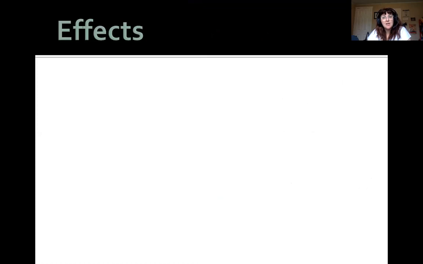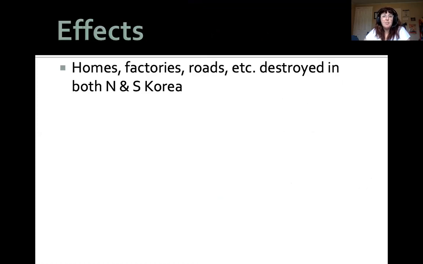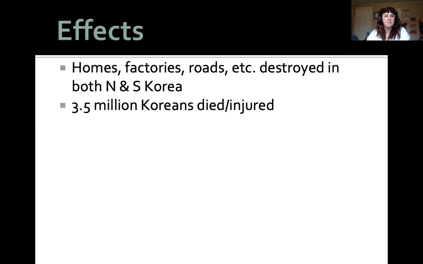So the effects of this war, definitely a lot of destruction in both North and South Korea that came after a lot of destruction that had been perpetrated by the Japanese during World War II. So they never really had a chance to recover after World War II before going right into this next war.